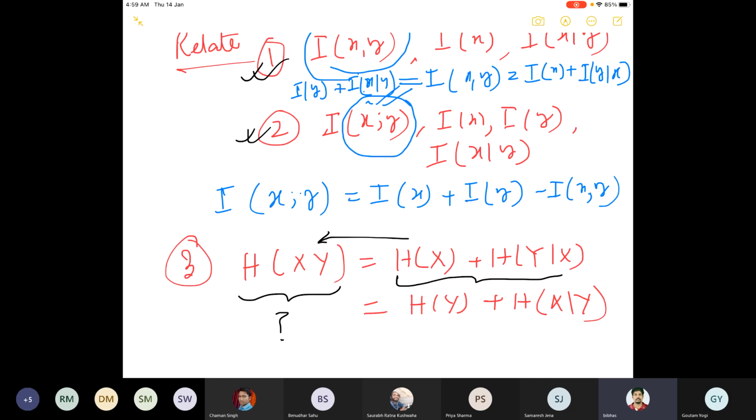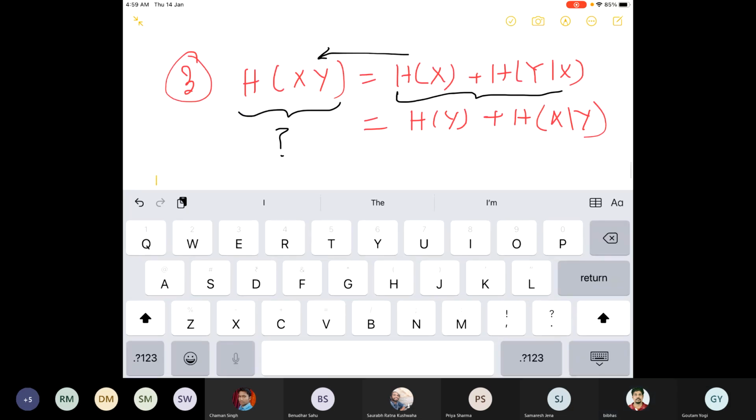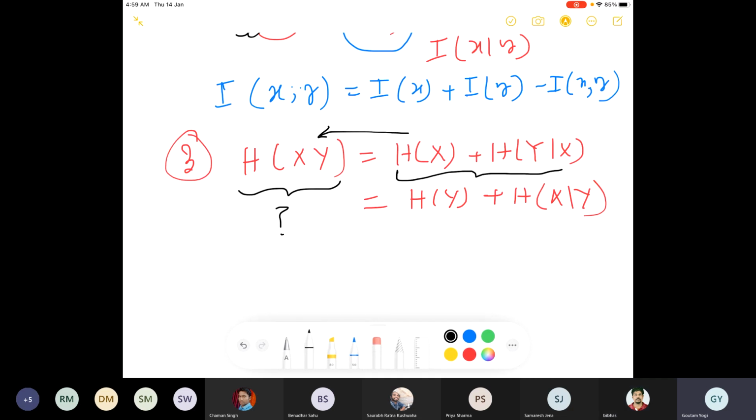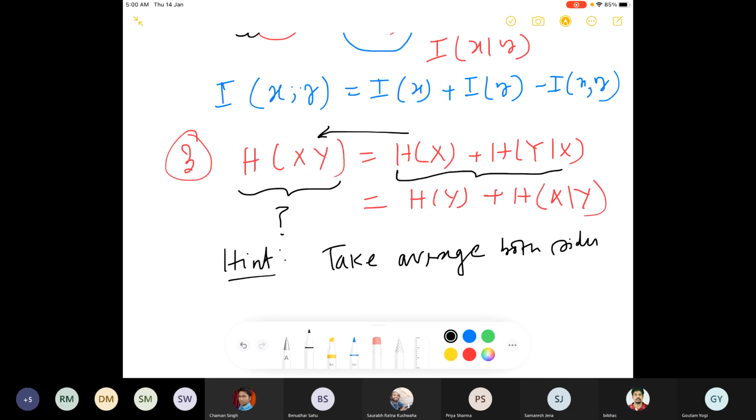I'm giving you a hint. We can change the joint probability distribution into conditional form, and after applying summation, we can get the first result. So I'm just writing: take the average of both sides of the expressions, or the relation.